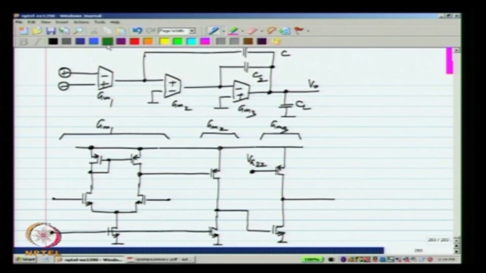Now, we have to connect the integrating capacitors, that will be C2 and this will be C1. Now, here I am not showing refinements like possibly connecting resistors in series with C and so on. So, this is the output. This is the negative input, that is the positive input of the op amp.